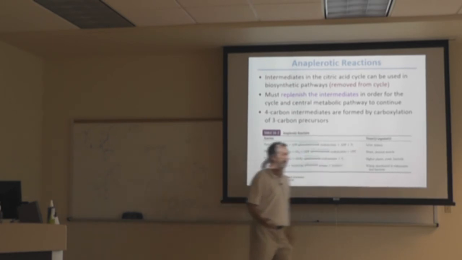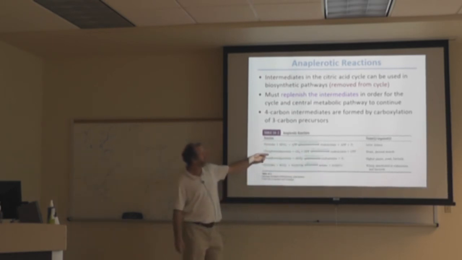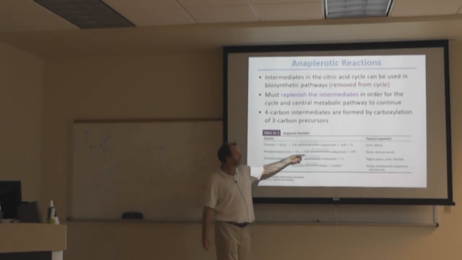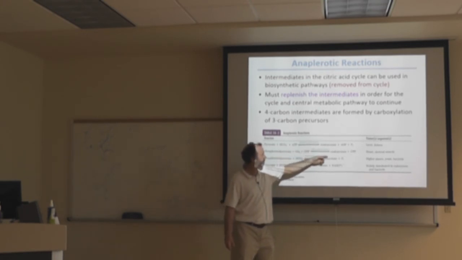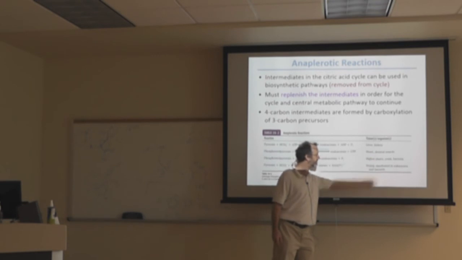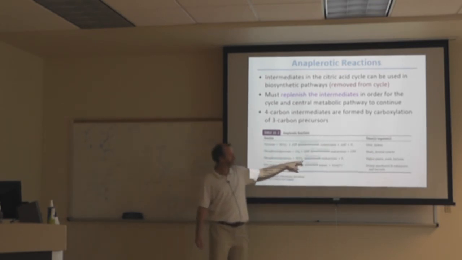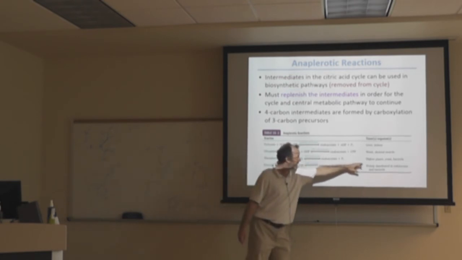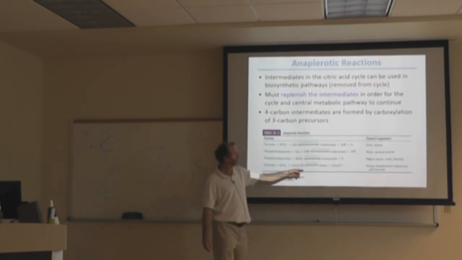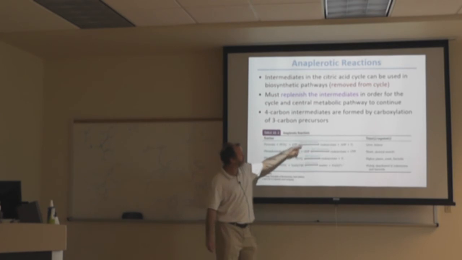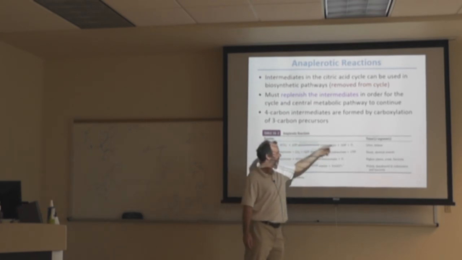Tissues that do this are the liver and the kidney. Phosphoenolpyruvate plus carbon dioxide and GTP, PEP carboxykinase forms oxaloacetate in the heart and the skeletal muscle. Phosphoenolpyruvate and bicarb form oxaloacetate here. Higher plants, yeast, PEP carboxylase. Again, these are all enzymes that generate oxaloacetate.